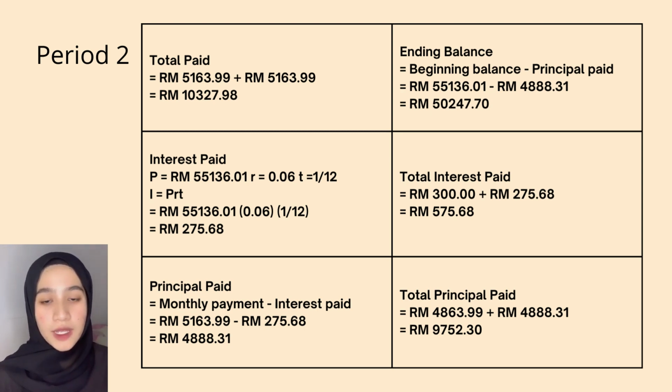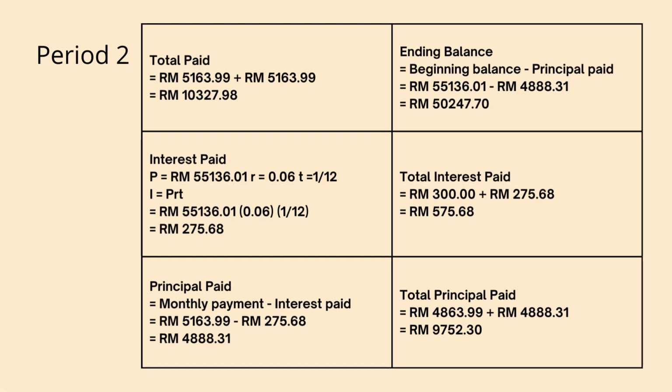The ending balance is 50,247 ringgit and 70 cents. The total interest paid is 575 ringgit and 68 cents. Lastly, for the total principal paid, we get the answer 9,752 ringgit and 30 cents.